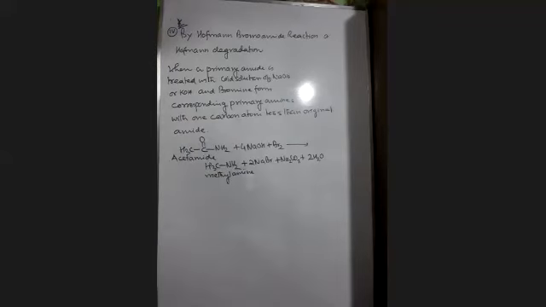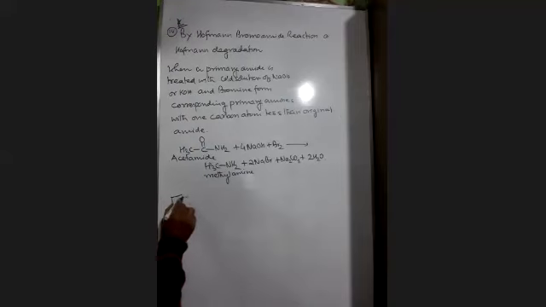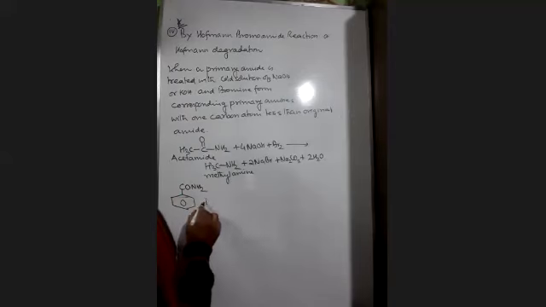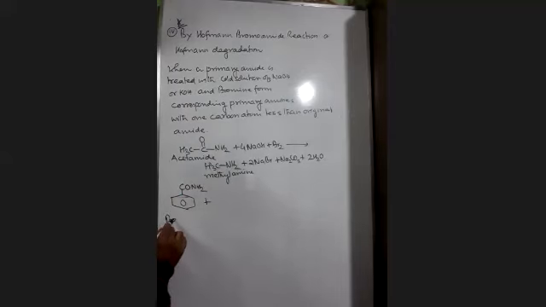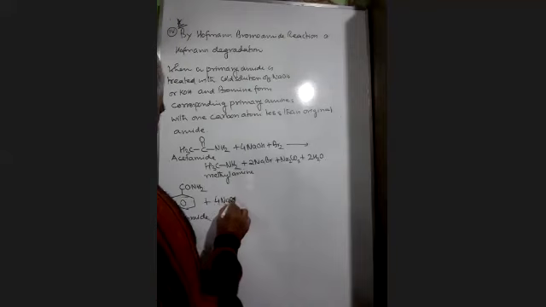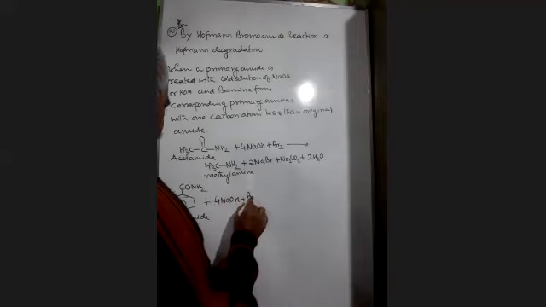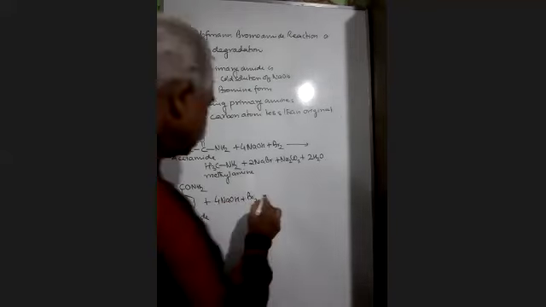Okay. Now if you have taken benzamide, C6H5 CO NH2. So benzamide will give you 4 NaOH plus Br2.